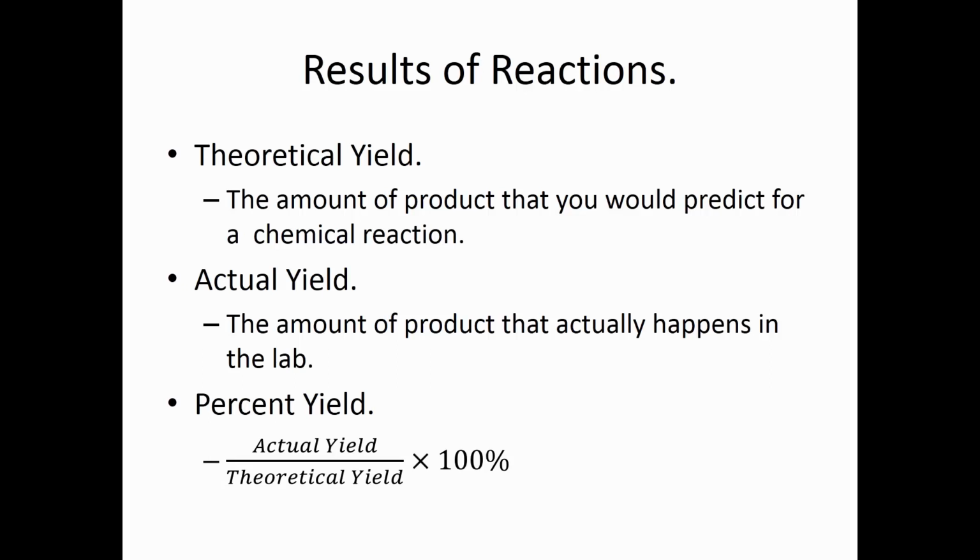The % yield is defined as the actual yield divided by the theoretical yield times 100%. So you take the amount you found in the lab, probably in grams, and divide it by the amount you would predict to find, again in grams. It is essential that the units in the numerator are identical to the units in the denominator.